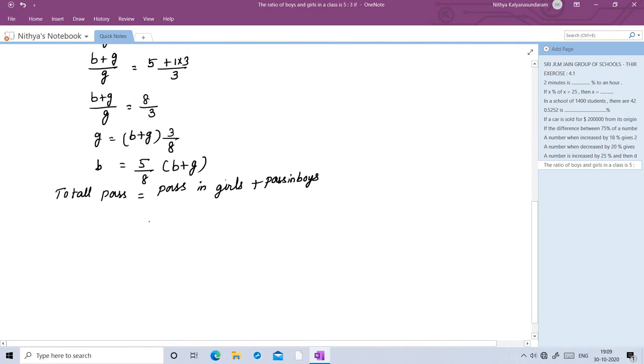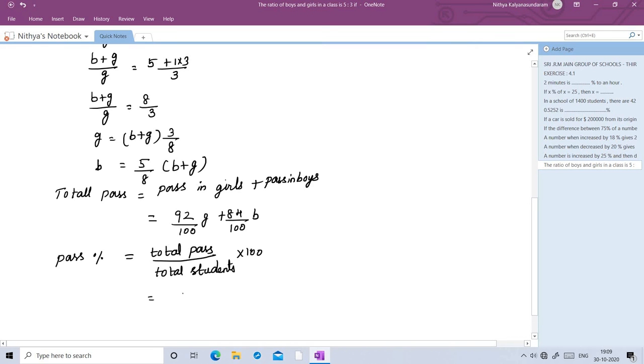So substitute here: 92 by 100 G plus 84 by 100 B. So next we want to find out the total pass percentage. So pass percentage is equal to total pass divided by total students into 100.